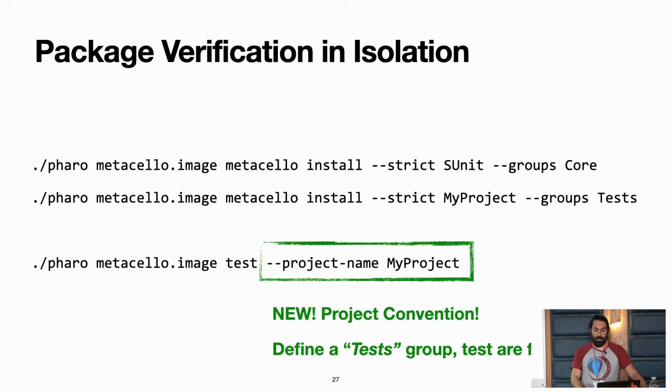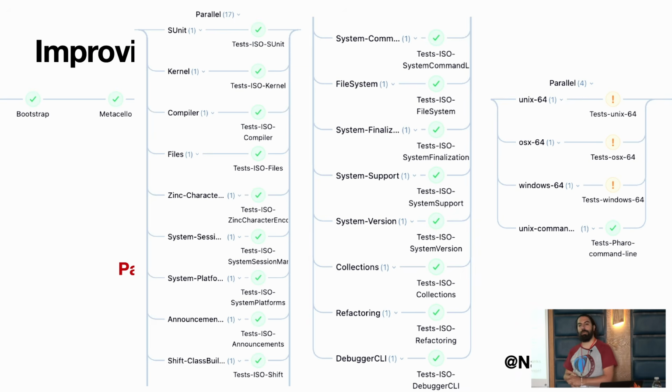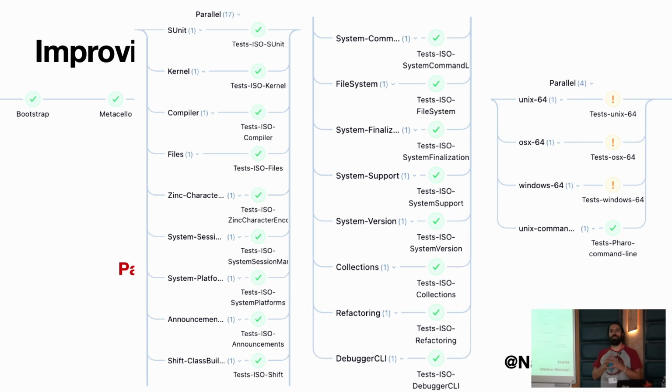With this, we have the first step to have package verification in isolation, which is pretty important. I think it was in December, I already did this, and then a couple of months ago, we had an intern called Nathan that started to work on these parts of the system too, and he added a lot more of these things. Just for the sake of it, I will tell you one by one all the things that he did.